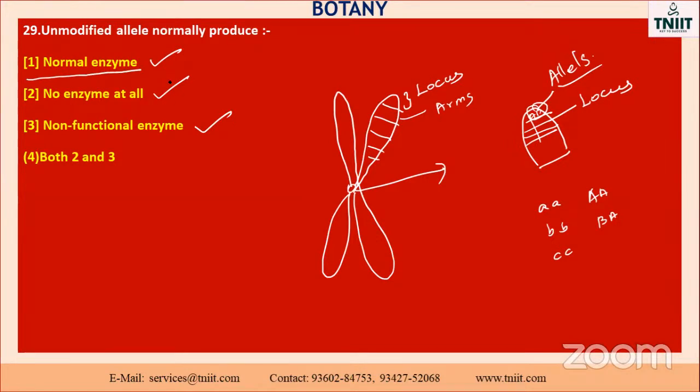No enzyme at all, so it will not come. Non-functional, it will not come. Both 2 and 3, it will not come. So the first one is the answer. This is a direct question, my dear. The unmodified alleles normally produce normal enzyme. Unmodified means there are no changes at the genetic level, so they will not produce any abnormalities. That is the reason.